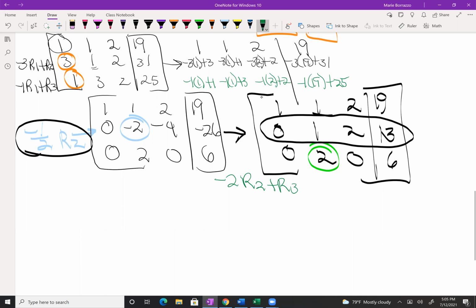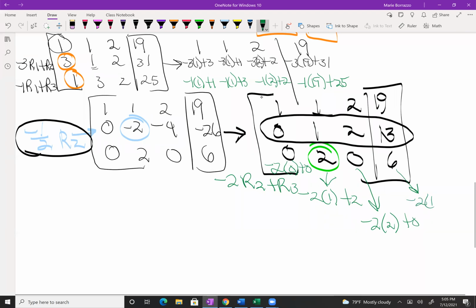So this is going to become -2 times 0 plus 0. This one is going to become -2 times 1 plus 2. This one is now -2 times 2 plus 0. And this one is going to become -2 times 13 plus 6.